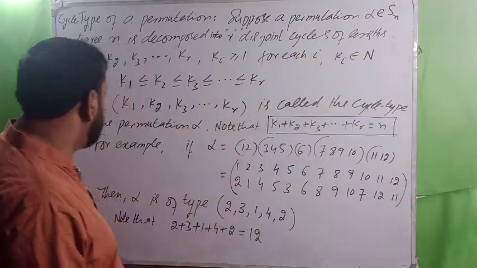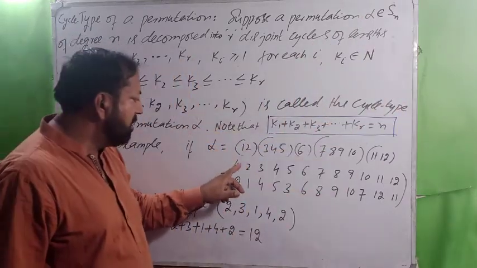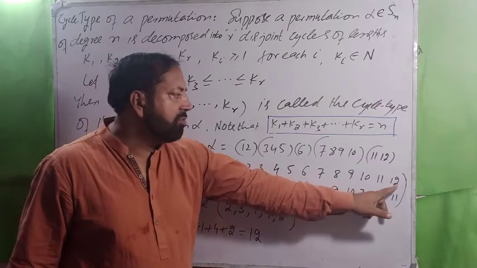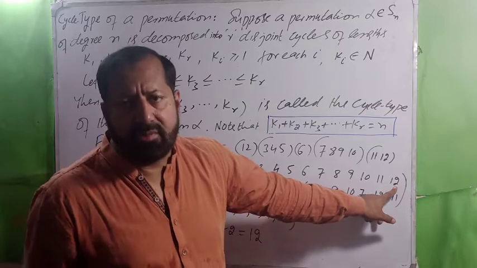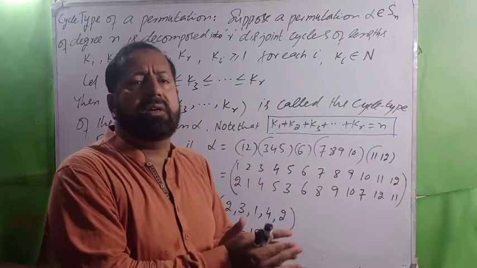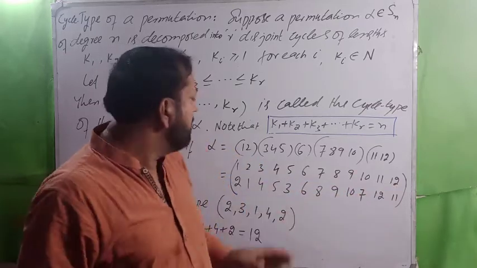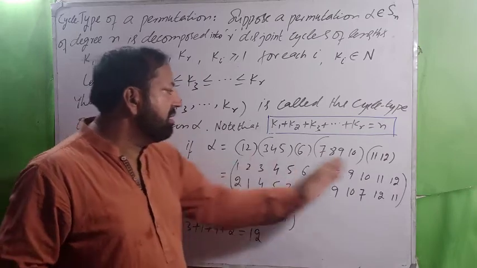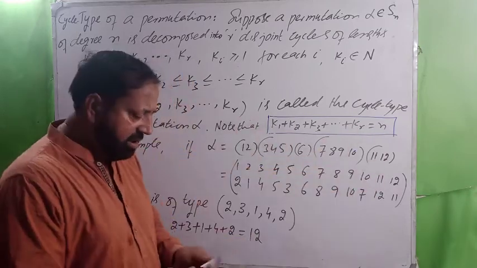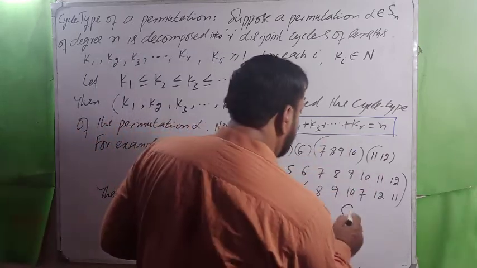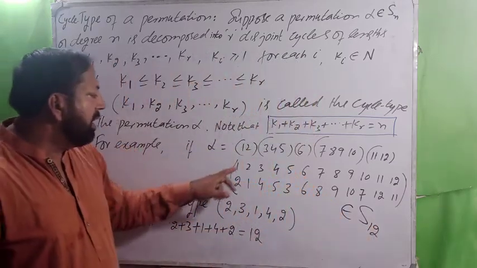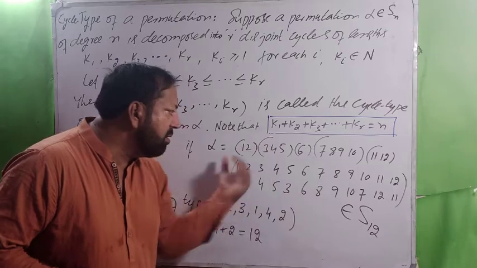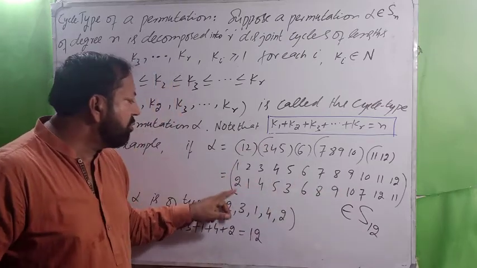So suppose you have a permutation on 1, 2, 3 up to 12. We are finding permutations on the first 12 integers, and this is one of the elements of S12. Of course, alpha is an element of S12. And if you look at this, you see 1 to 2, 2 to 1.